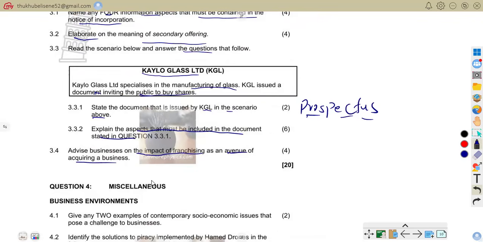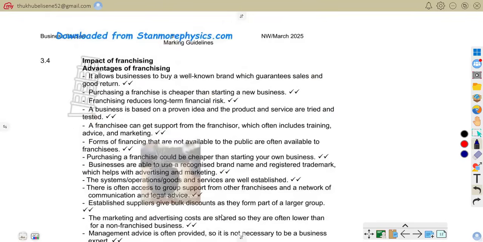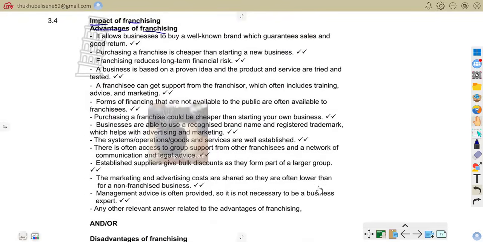So we are to attend to question 3.4, not 3.3, but 3.4. Impact of franchising. So you're going to start with advantages. Advantages of franchising. This is where we are going to start.